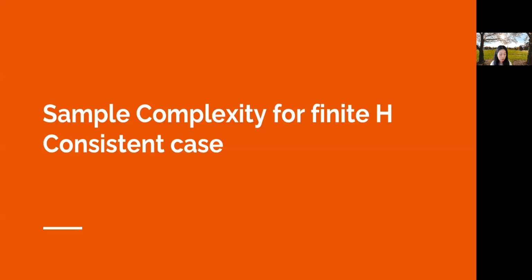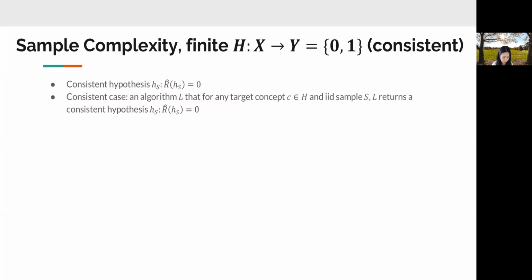So we learned about sample complexity for finite H, the consistent case. Essentially, we said a consistent hypothesis is one where the empirical error of the hypothesis learned from the sample and evaluated on the sample is 0.